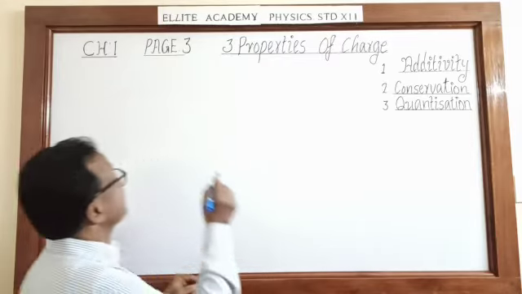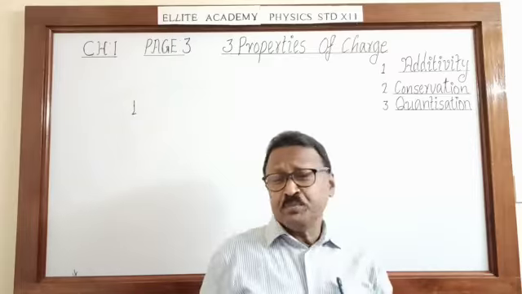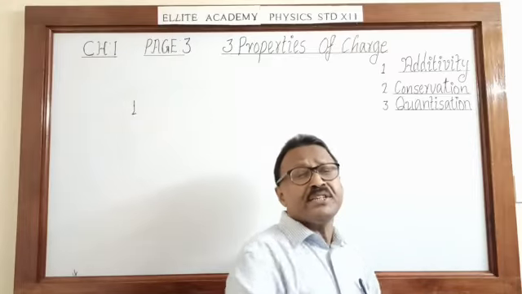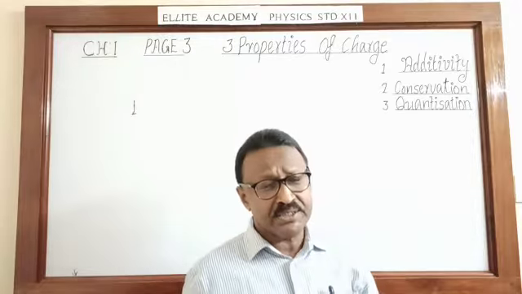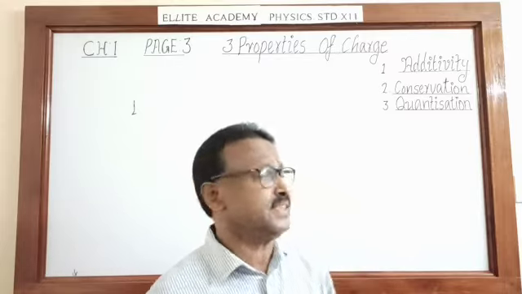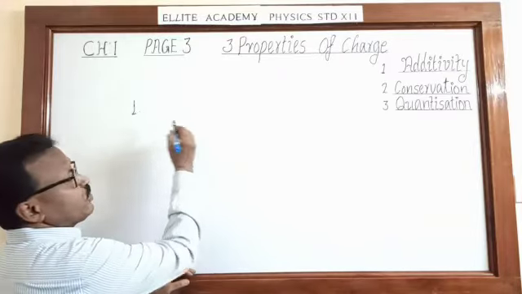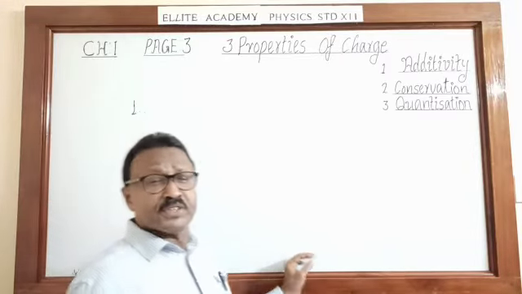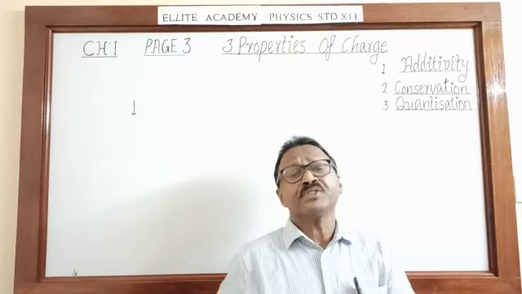First one, additivity. It means a body may be having positive charge or also may be negative charge. The total charge will be addition of the charges taking into account the signs. Some charges are positive, some charges are negative. I must consider the positive and negative sign also.